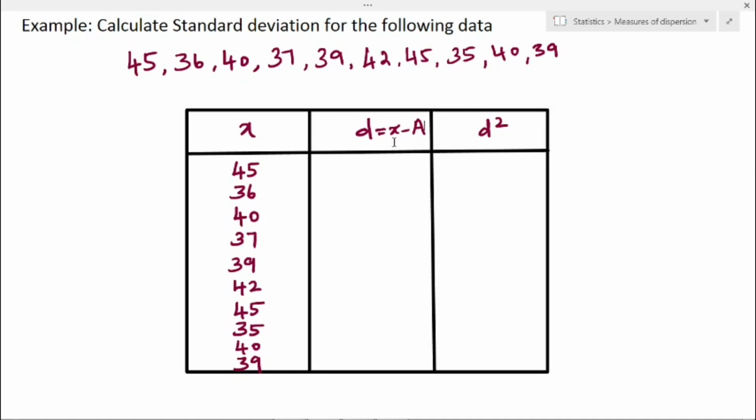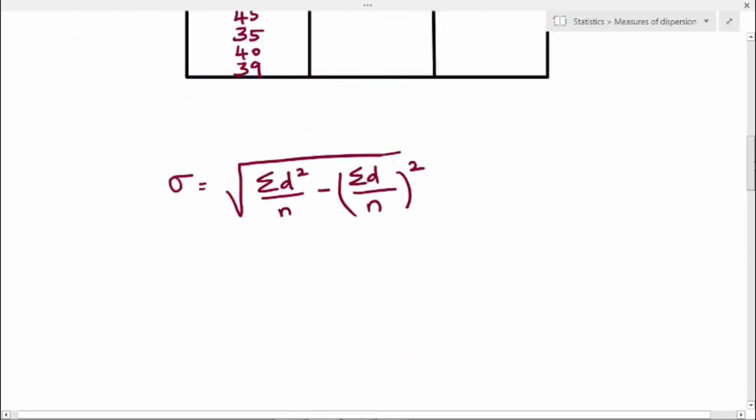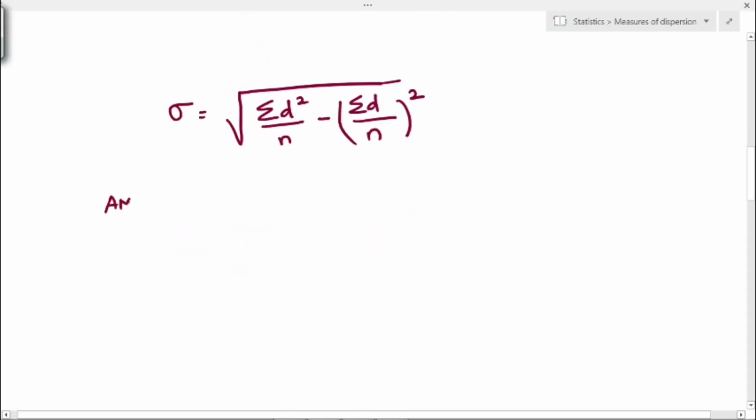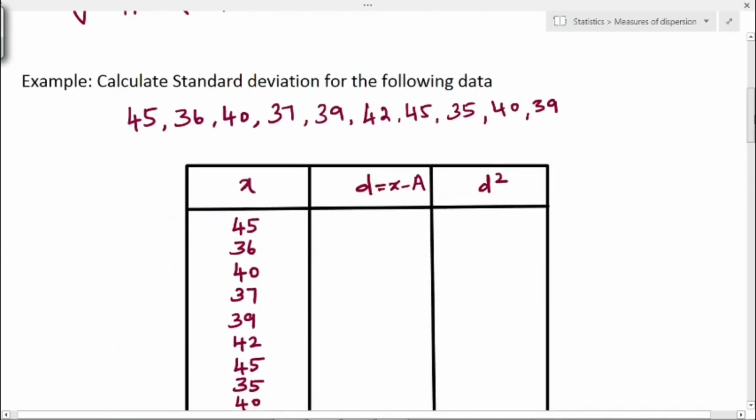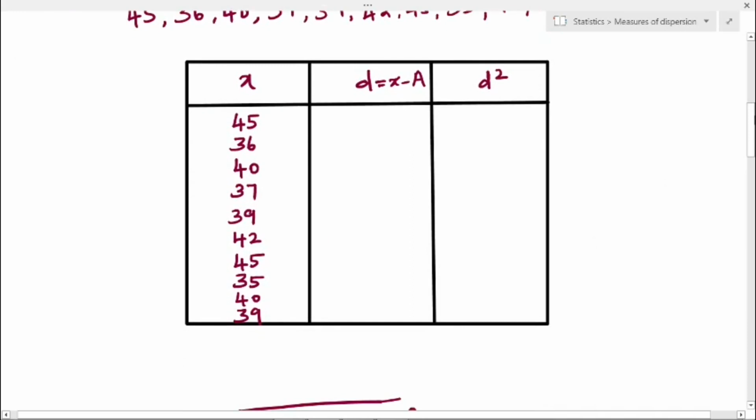So how do we find the arithmetic mean? We have to add all the x values and divide by the total number of observations. So the arithmetic mean, that is x bar or A, is summation x divided by n. We add all the values, 45 plus 36 plus 40 and so on till 39, and the total is 398.